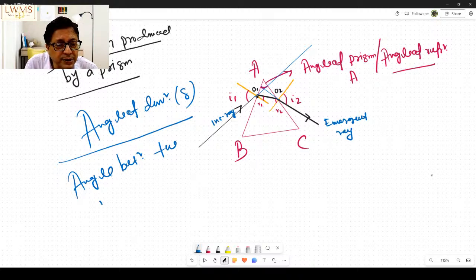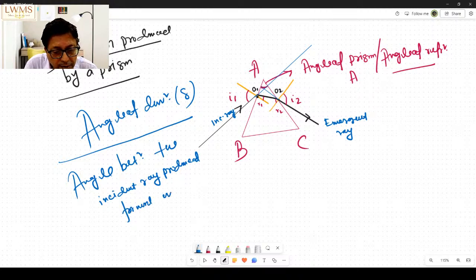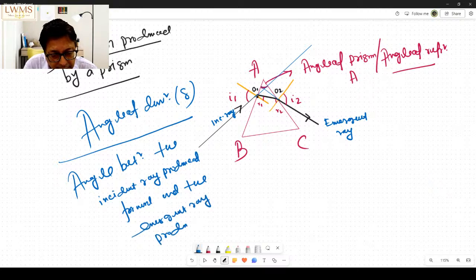Angle between the incident ray produced forward and the emergent ray produced backward.